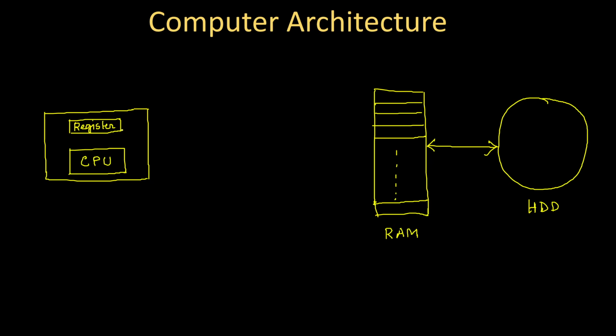But the problem is that these registers are very costly, and since these are very costly, it is not possible to keep a large amount of registers within a processing unit, and that is why the register amount is very few.